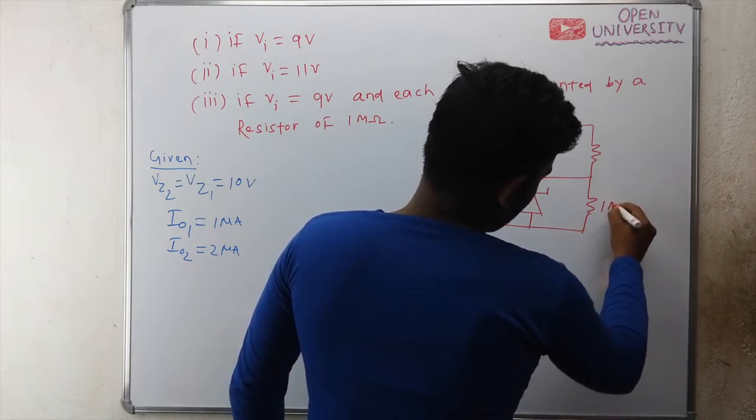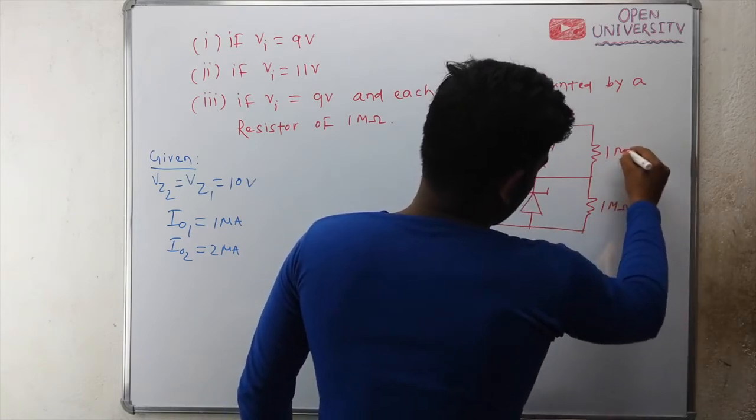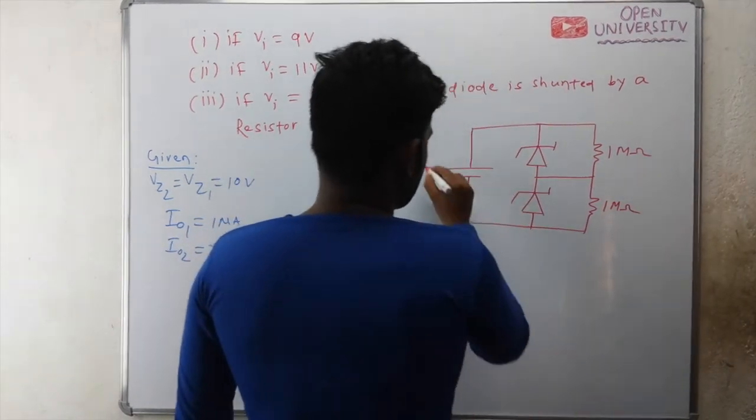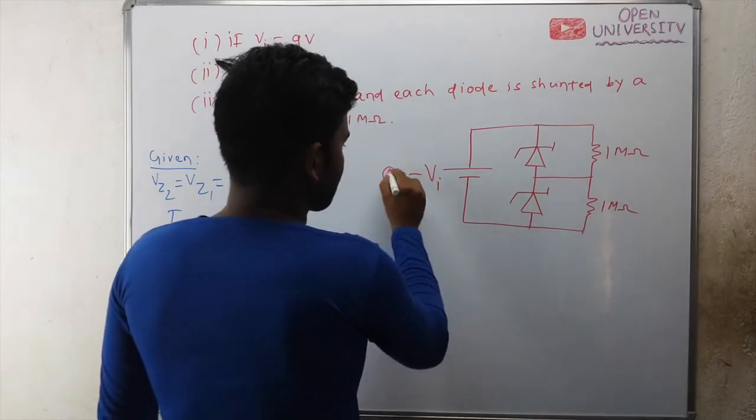This is a 1 mega ohm resistor, and this is your input voltage. Now the input voltage is 9 volt.